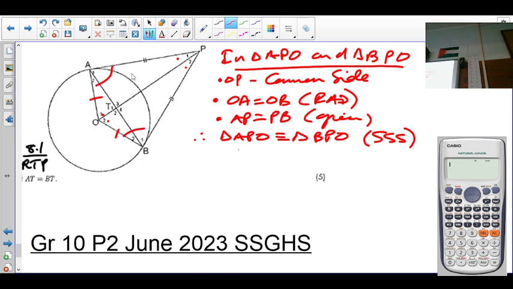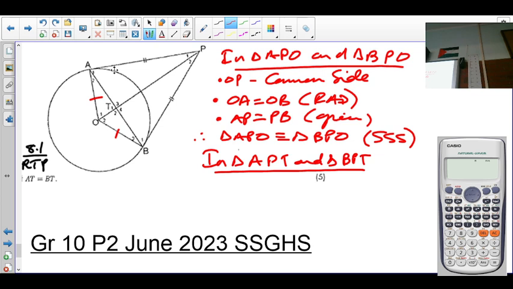Now we go and work with the triangle you guys are thinking of, which is this triangle here. We're going to go with the common side, and now we have an included angle that is equal from proving that those two triangles are congruent. You understand? So we say in triangle APT and triangle BPT, what can we say?